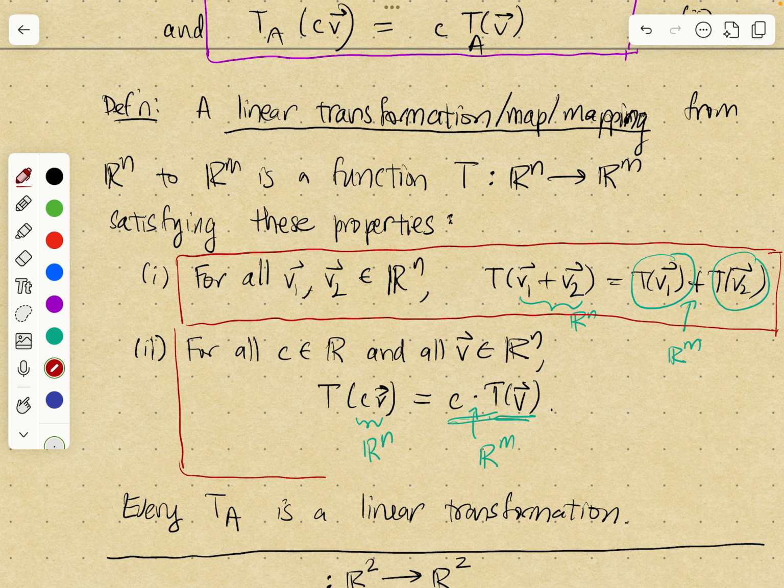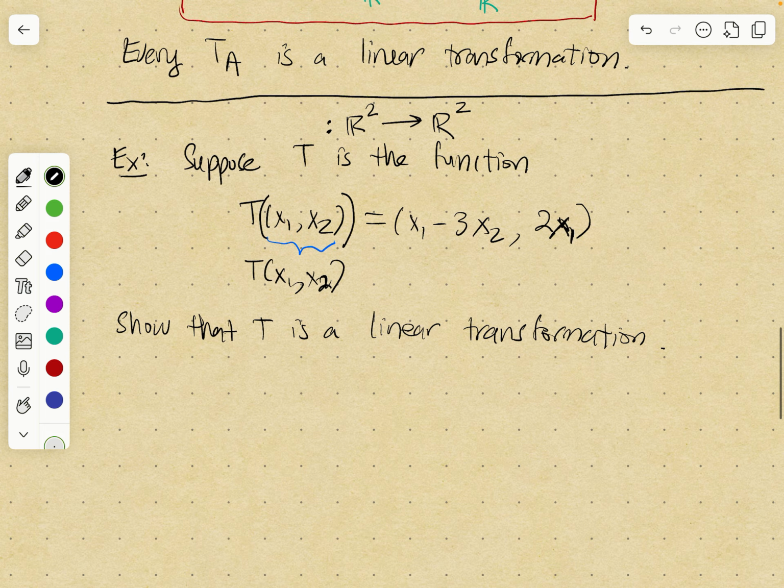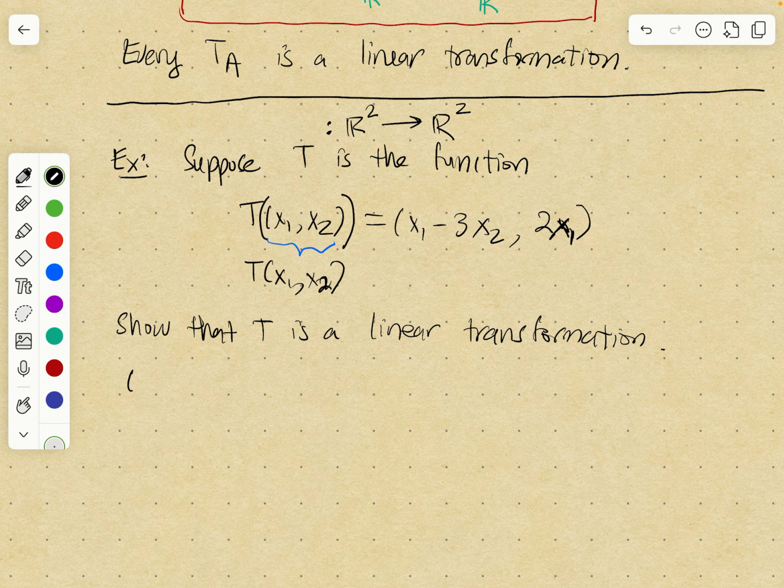The second property is that for all c and all v, T of cv is c times T of v. Let's do the first one. In this case we have R2, so let's write out what we need to show.